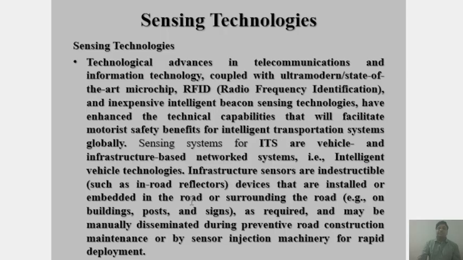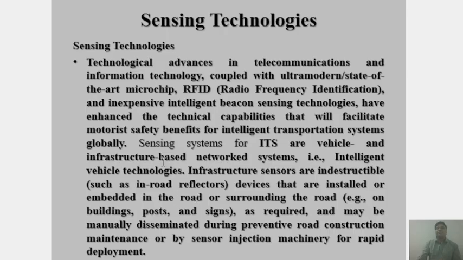Here there are two types of sensing technology. One is intrusive, the other one is extrusive. Intrusive is the connection we place on the surface of the road, where we get the information when a vehicle passes over the road.